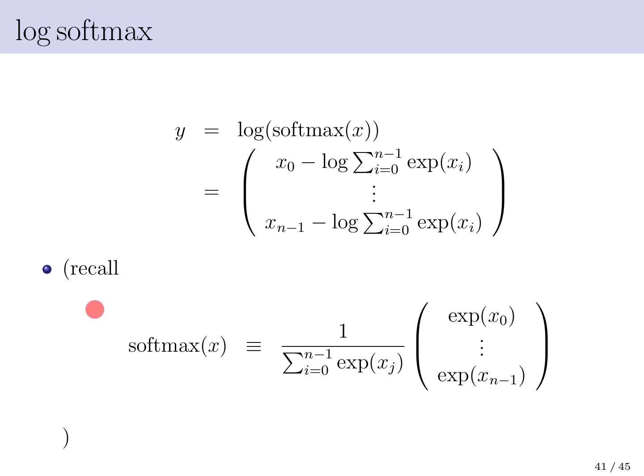So just recalling that the softmax looks like this, just take the log of each component, and you get something like this. This one comes from taking the log of this, canceling log and exponential. And this term obviously comes from the logarithm of this factor.